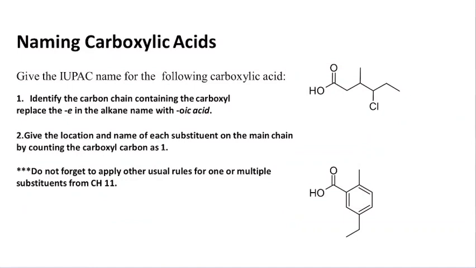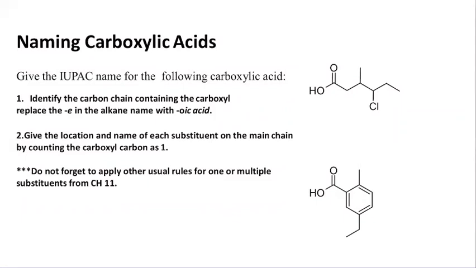Now, we write the name of the alkane of our parent chain. At the end, we're going to replace the E in the alkane name with oic acid. So that's how we name carboxylic acids. We end in oic acid.